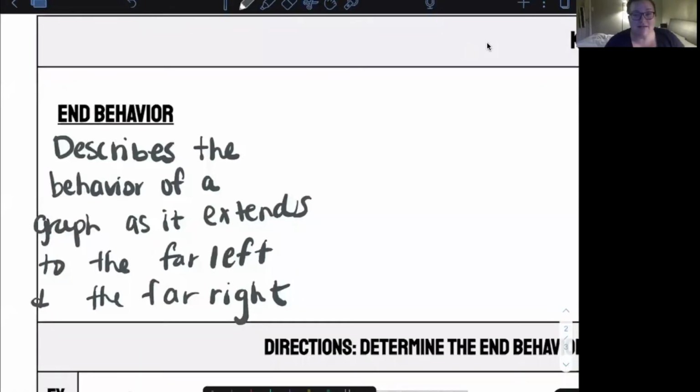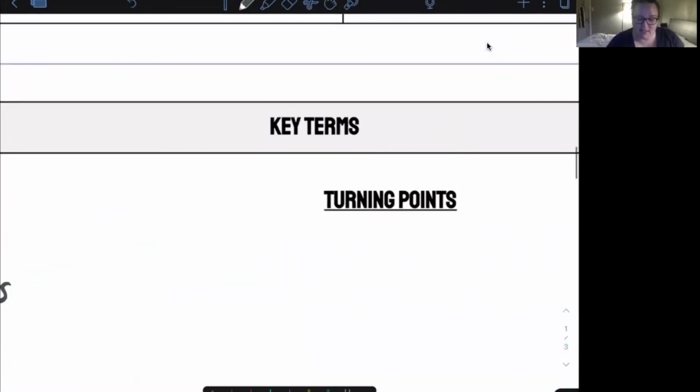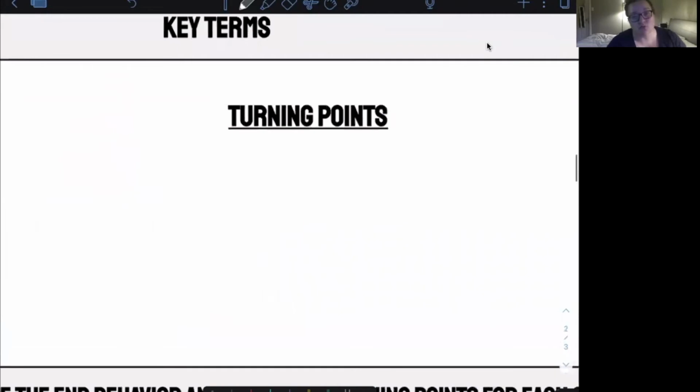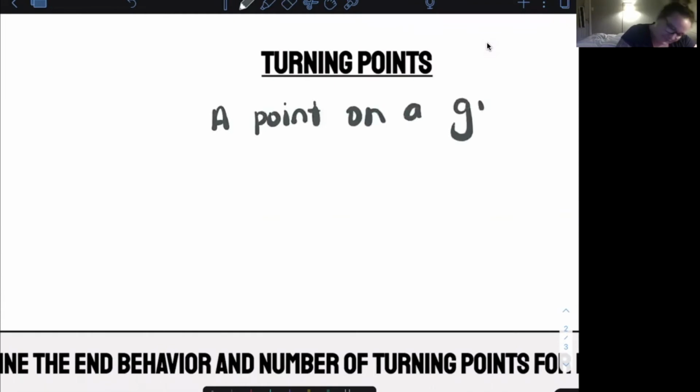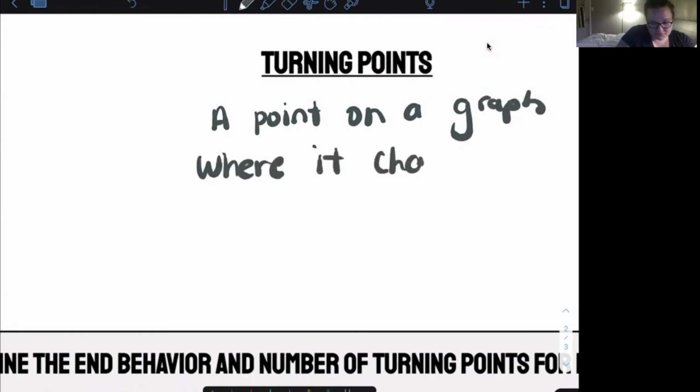And then we're going to add a new term to our vocabulary today, turning points. So when I'm talking about the turning points of a graph, I'm talking about points where the graph switches direction. So a point on a graph where it changes direction. When I talk about direction, I'm talking about increasing or decreasing.